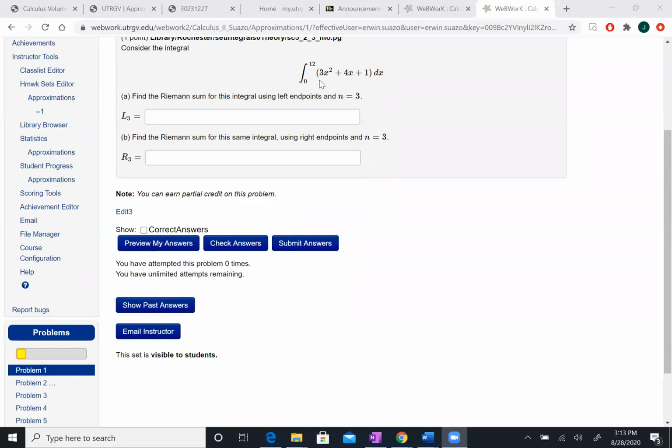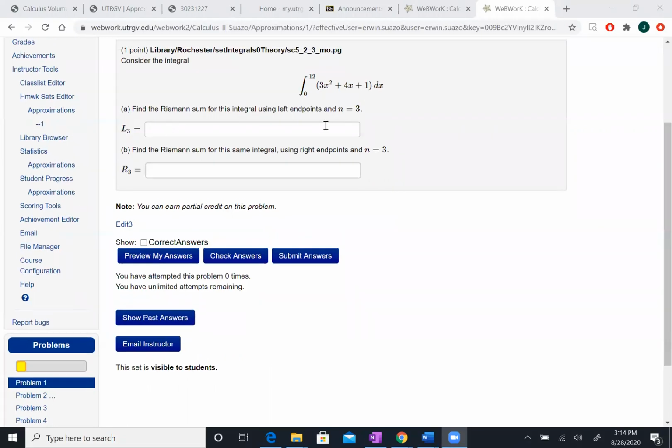You just do as we are doing. A is 0, B is 12, and your f of x is 3x squared plus 4x plus 1. You need the left-hand side with three intervals, and the right-hand side with three intervals. N equals 3. So you just do 12 minus 0 divided by 3. That's going to be 4.